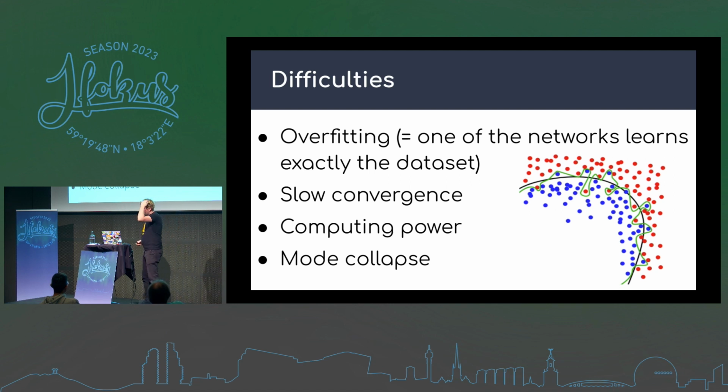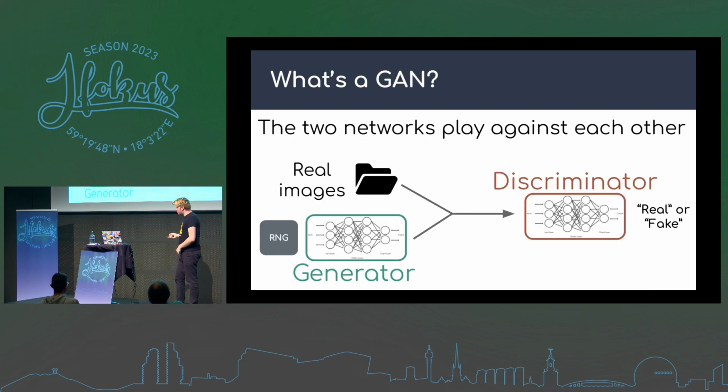GAN is also super slow to converge, so it means that it takes a lot of time and a lot of training games of generator versus discriminator to train. One of those reasons is, you can see here, the generator never sees what a real image looks like.